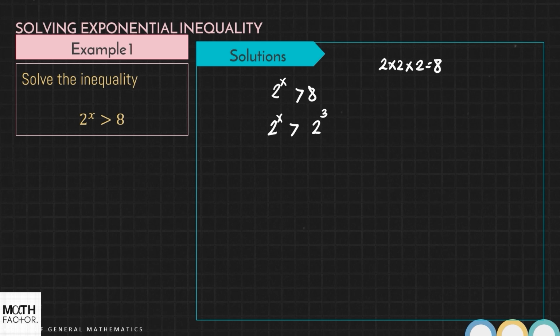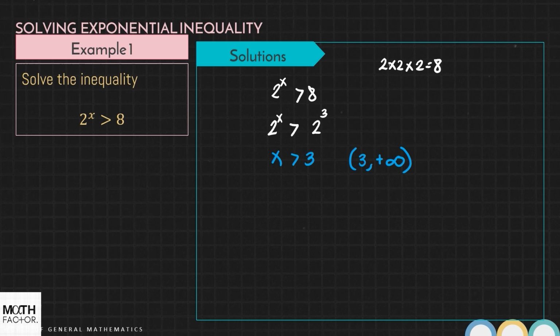Because 2 times 2 times 2 is equal to 8. Now, we're going to apply yung ating one-to-one property. If we have same bases, we can now say that x is greater than 3. So, sa interval notation natin, since x is greater than 3, we can have this 3 up to positive infinity.